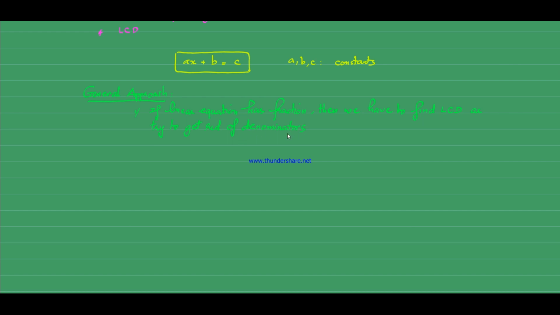I say denominators because you might have one denominator, or you may have three or four fractions and a lot of denominators. You try to get rid of the denominators. So that's the first step.